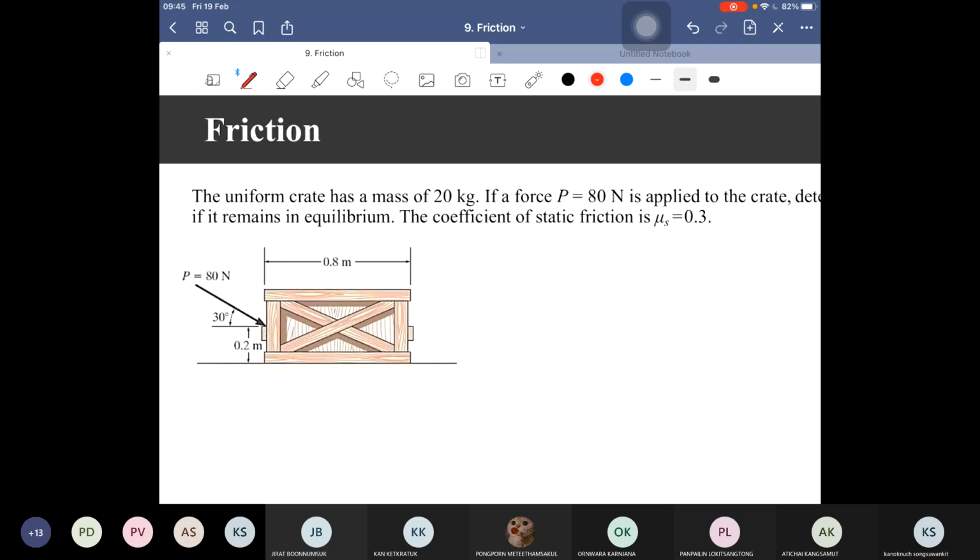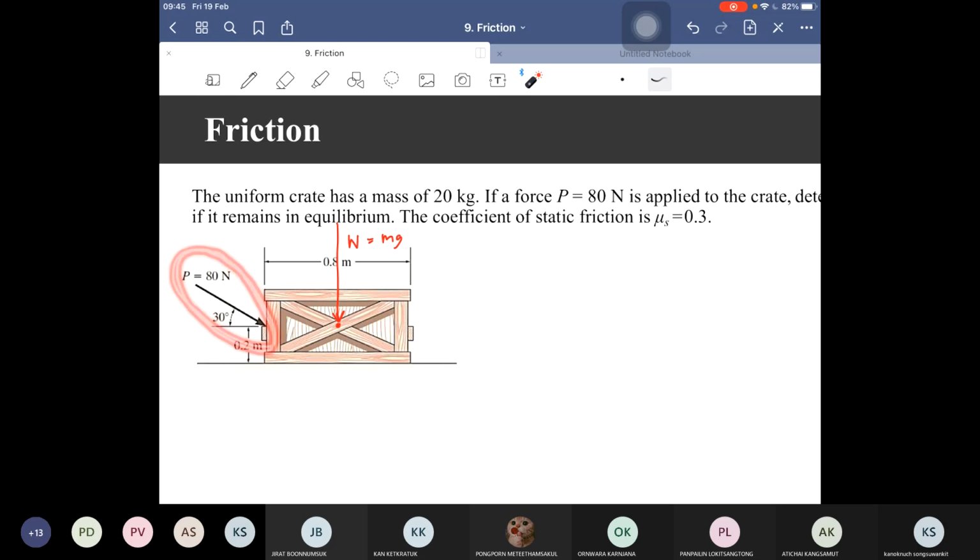It's a basic geometry shape, so the weight is acting at the center, W equal to mg. Okay, we exert a force P in this direction.